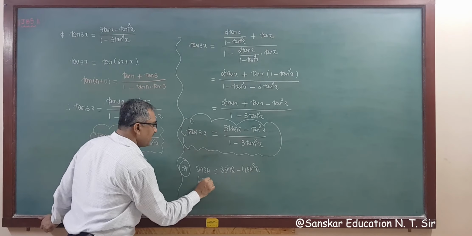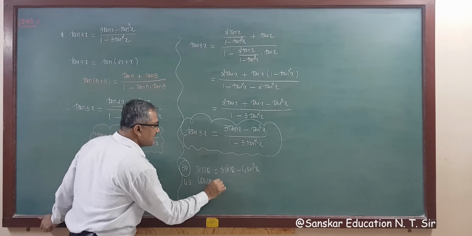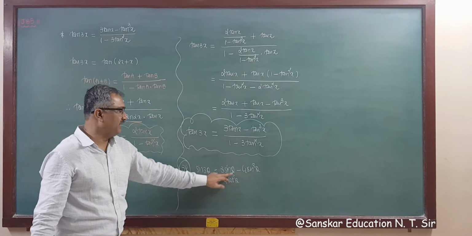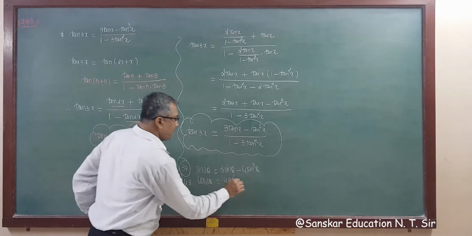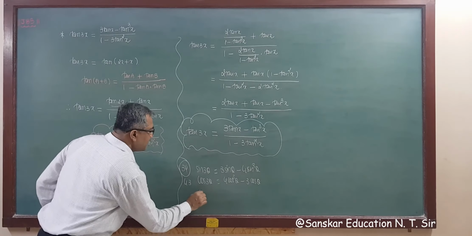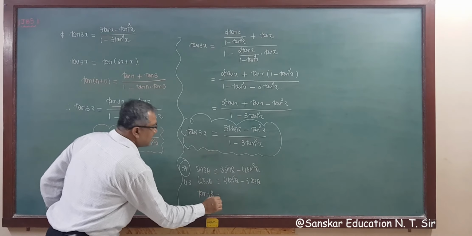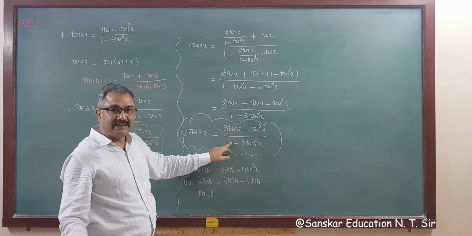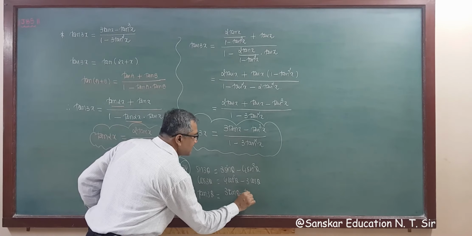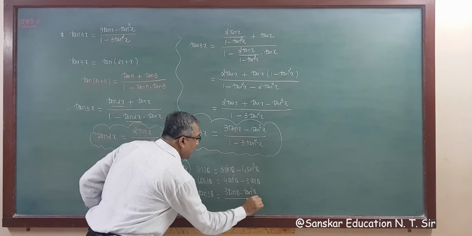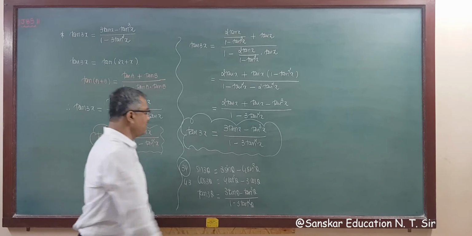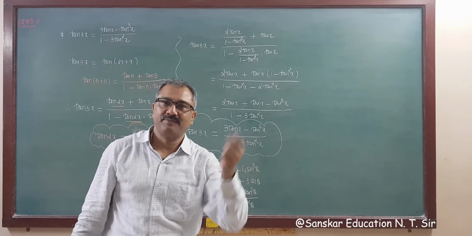Cos 3 theta is 4 cos cube theta, as you know, with 4 there is a cube, minus 3 cos theta. And tan 3 theta is 3 tan theta minus tan cube theta upon 1 minus 3 tan square theta.